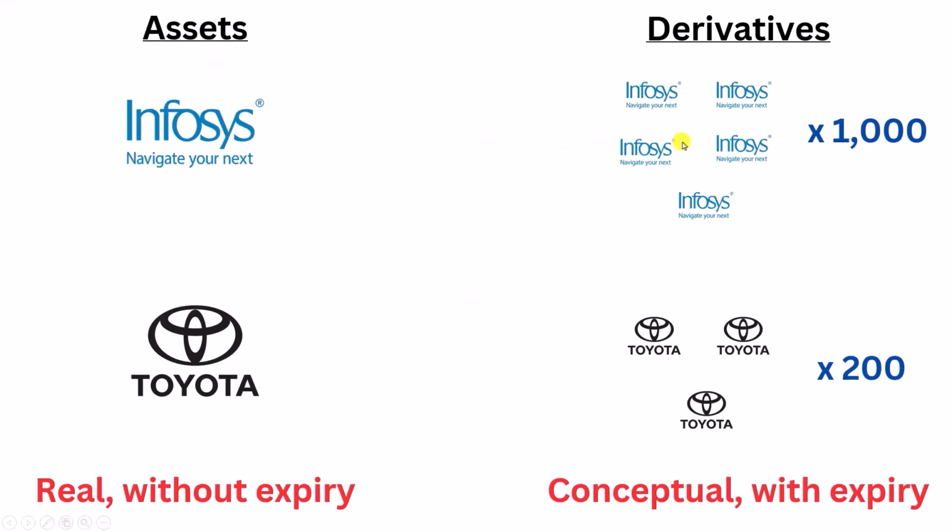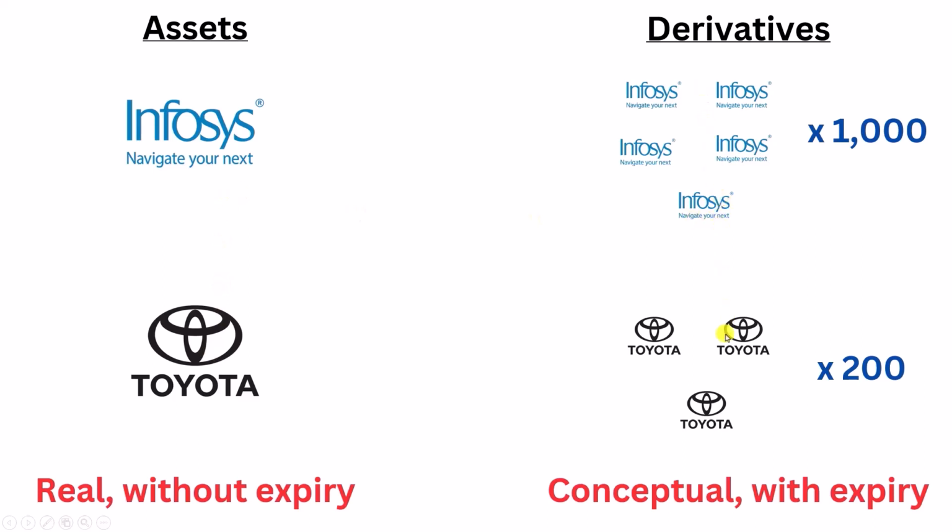Okay, now the assets are real and without expiry, whereas the derivatives are conceptual with expiry, meaning you can buy the stocks of Infosys, Toyota, or any other company and have them in your portfolio for 5 years, 10 years, 20 years, or till the company closes.